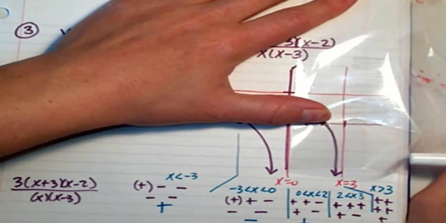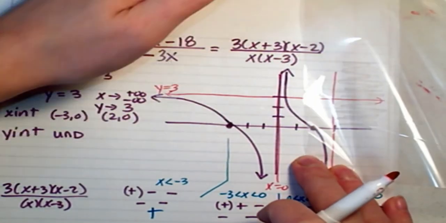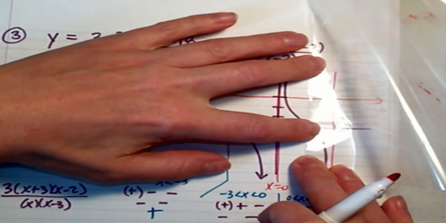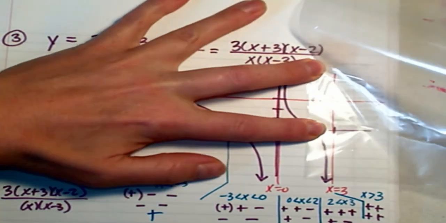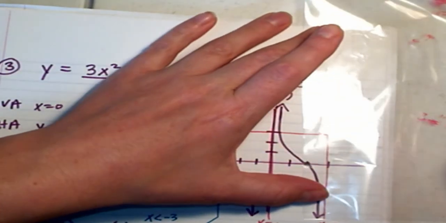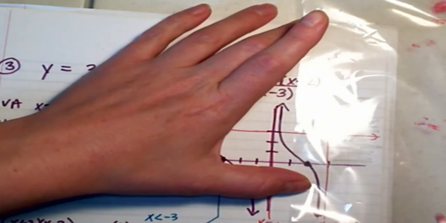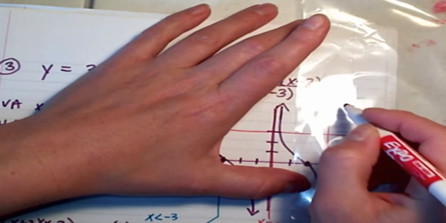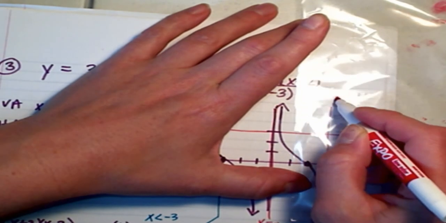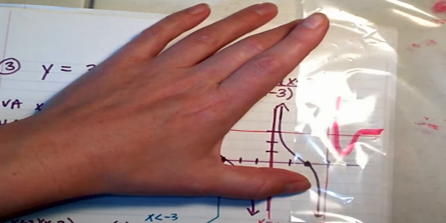I know because of end behavior that the arrow has to go towards, here. Okay, but it has to be positive.